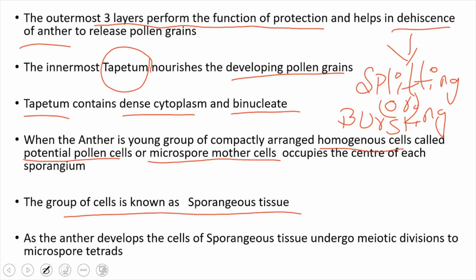What is the function of these cells? These are present when the anther is young. When the anther matures, these cells divide by meiosis.